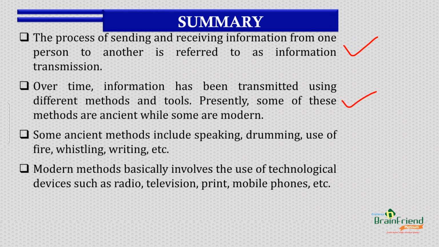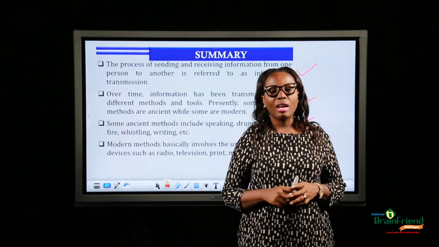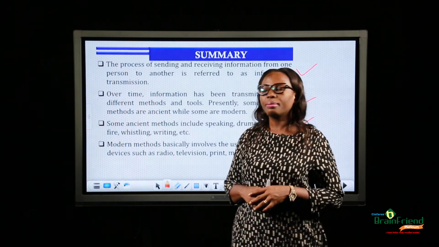We also learned that some ancient methods include speaking, drumming, use of fire signals, whistling, and writing, and so on. And finally, we learned that modern methods basically involve the use of technological devices such as radio, television, print, mobile phones, and so on. Before we leave, let's try out some exercises.